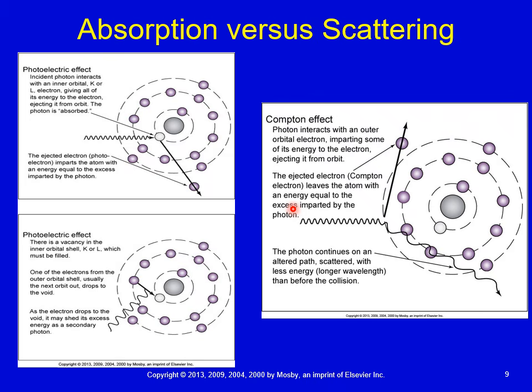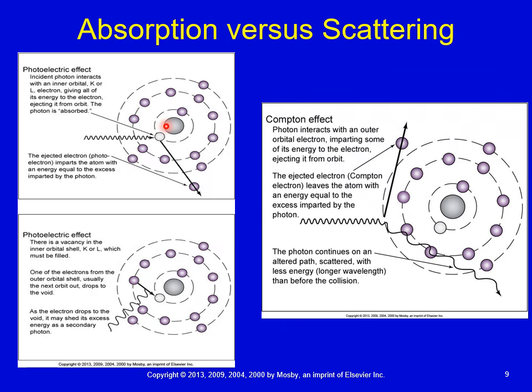With the Compton effect, the incoming X-ray photon is interacting with a middle to outer shell electron. As you can see right here, that outer shell electron is ejected, and then the X-ray photon continues on its way, but in a different direction. All right, so any of the shells can be involved here except for the inner shell, because the inner shell interactions are involved in the photoelectric absorption.